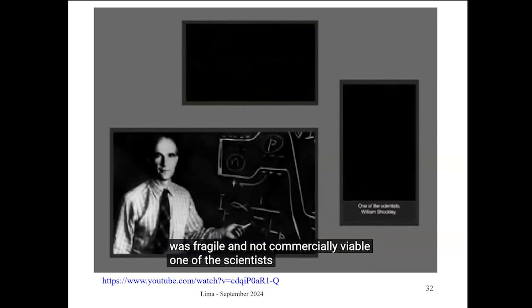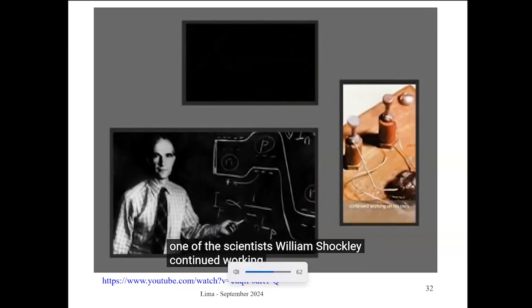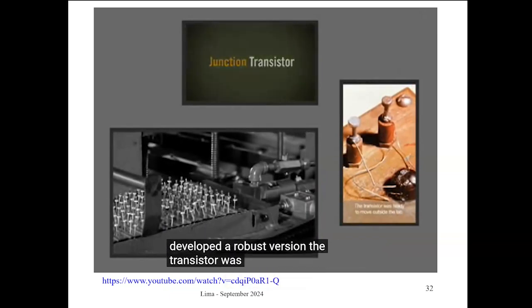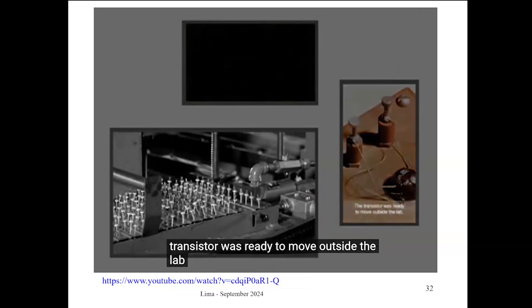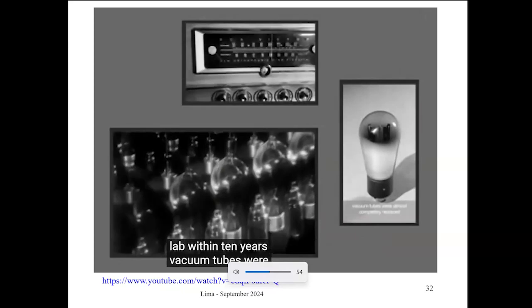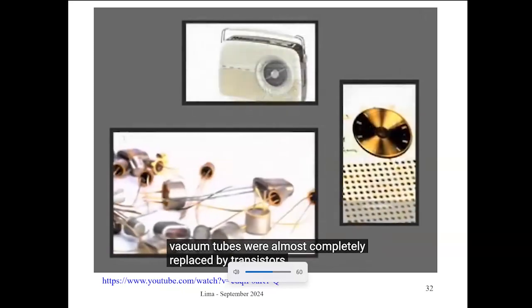One of the scientists, William Shockley, continued working on his own and developed a robust version. The transistor was ready to move outside the lab. Within 10 years, vacuum tubes were almost completely replaced by transistors.